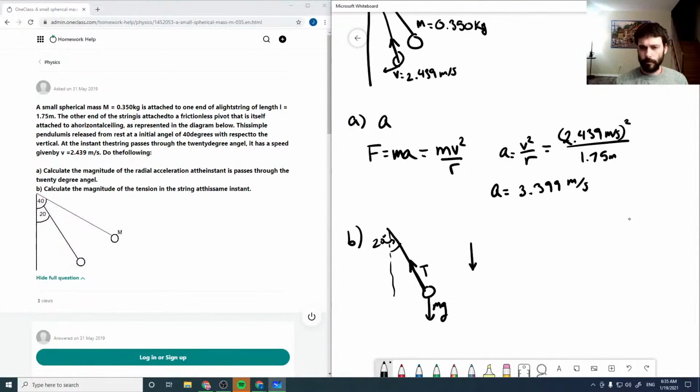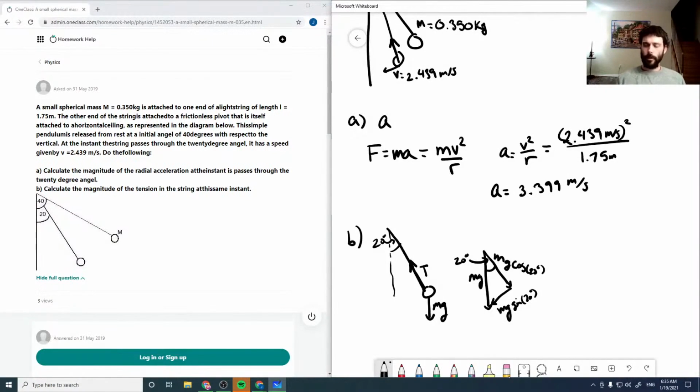So mg is straight down. So the radial component here and the tangential component here. And so we can see this is a similar triangle. So that angle there is 20 degrees. And so then this is mg cosine of 20 degrees, and this is mg sine of 20 degrees.